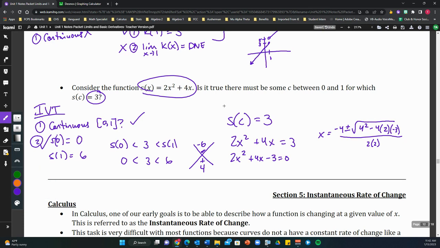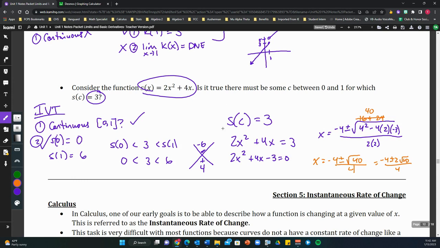My discriminant in here, we get 16 plus, because of the double negatives, 24, or the square root of 40. So I need to evaluate -4 plus or minus the square root of 40 all over 4. Let's see, the square root of 40 is the same thing as 2 square roots of 10 over 4, or you divide out a 2 from everything.